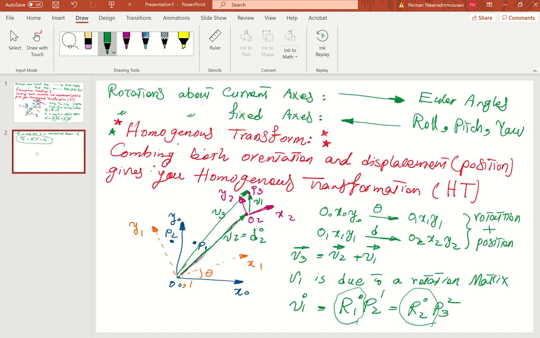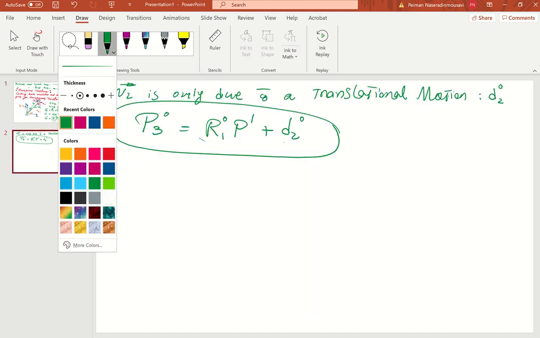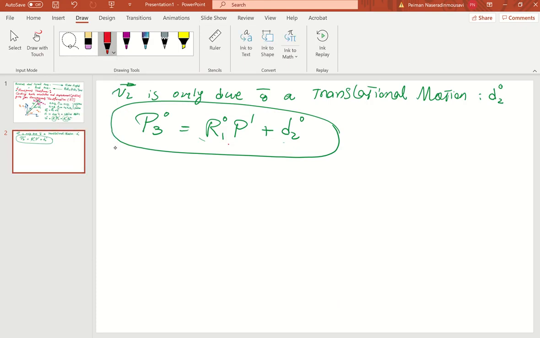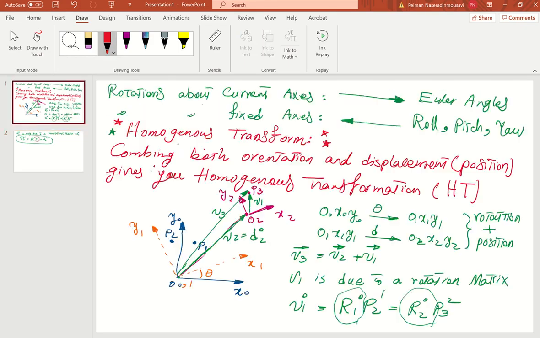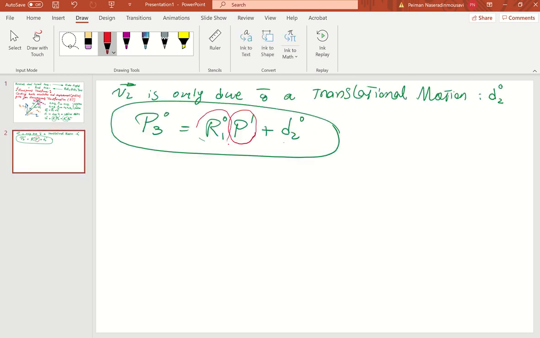I'm just explaining more for those of you. This says we are rotating point 1 by the angle theta. The angle theta means the rotation matrix. Now you know how to calculate that.